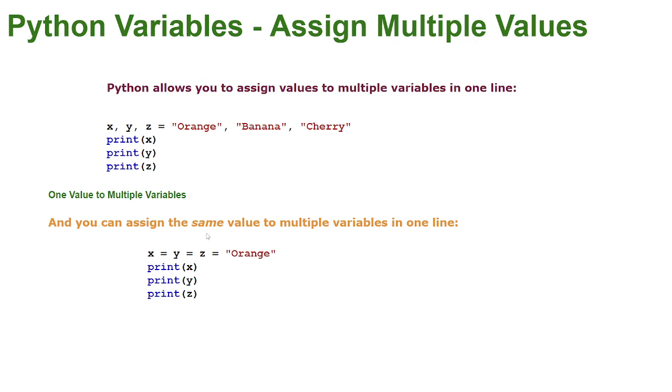And you can assign the same value to multiple variables in one line: x equals y equals z equals orange.